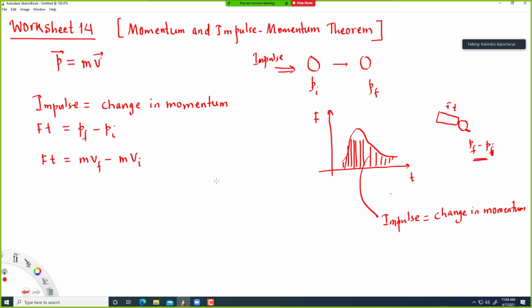The football is traveling at 27 meters per second, and when you catch it, it comes to rest, so the final velocity would be 0. This one has initial momentum of mvi, and this one has final momentum of mvf. So there is a change in momentum, and that change in momentum is given by impulse, and that's what we want to find.